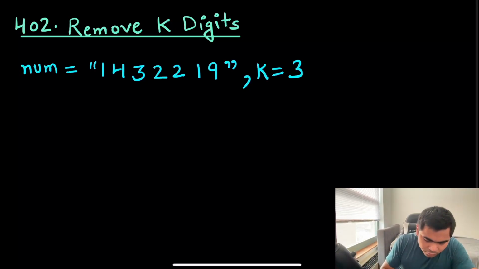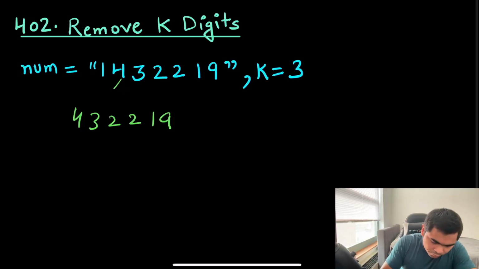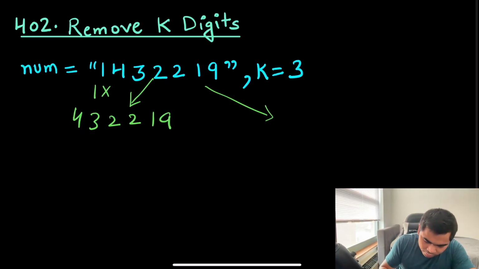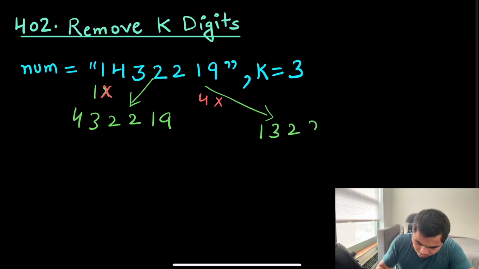Let's say if we were to delete 1, then we will get the number 432219, and if we were to remove the number 4, then I should be getting the number 1132219.